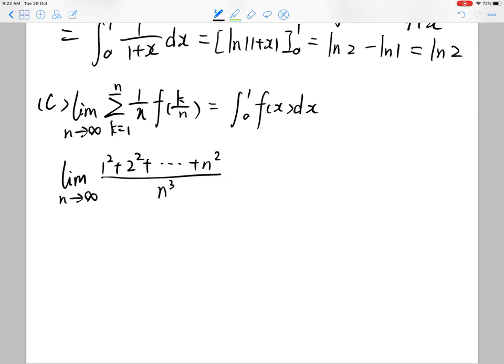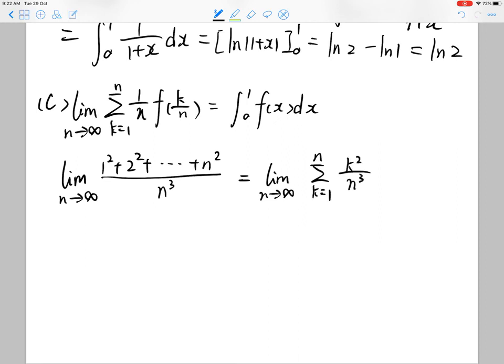First you can write it as a limit of summation, where the changing variable is k from 1 to n of k squared over n cubed.